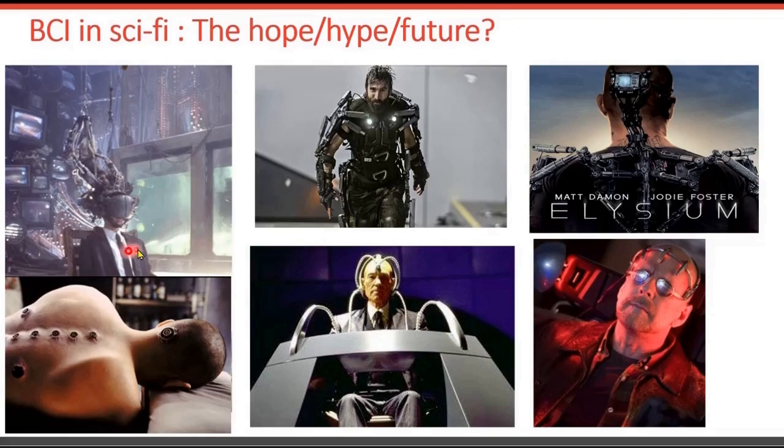In these movie posters, we see an exoskeleton robot that is connected to the human brain, and there is direct control of these exoskeletons coming from the brain. This movie is really very interesting. I recommend you watch it, which highlights the science fiction and the idealized form of the brain-computer interface.